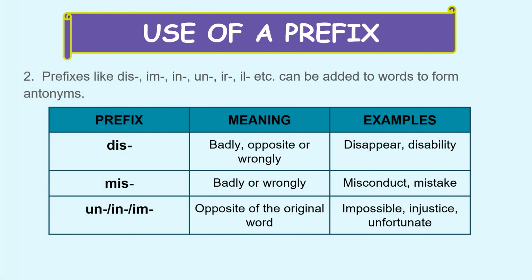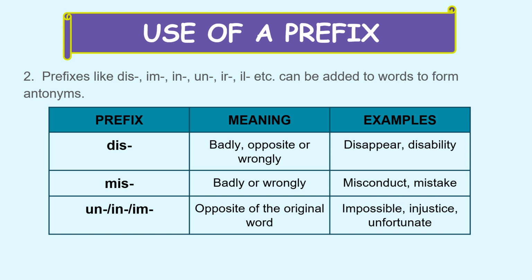Let's move on to the other use. The second use says prefixes like dis, im, in, un, ir, ill, etc. can be added to words to form antonyms. Antonym means opposites of those words. For example, when prefix dis is added with appear and ability, it becomes disappear and disability.